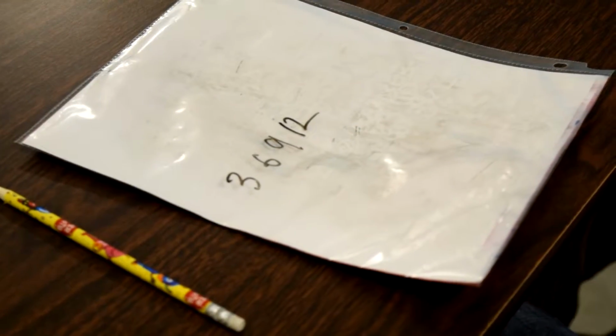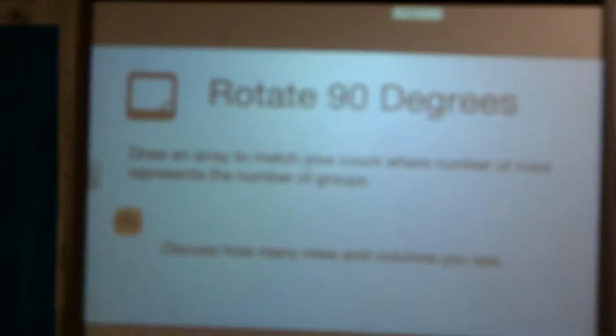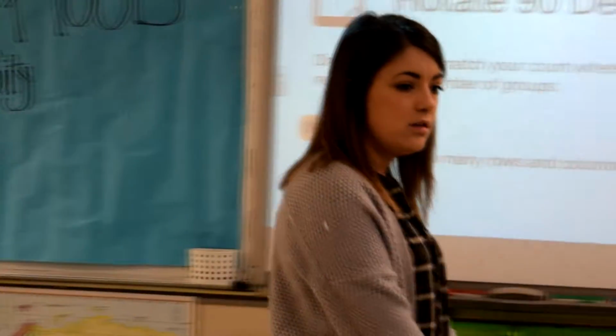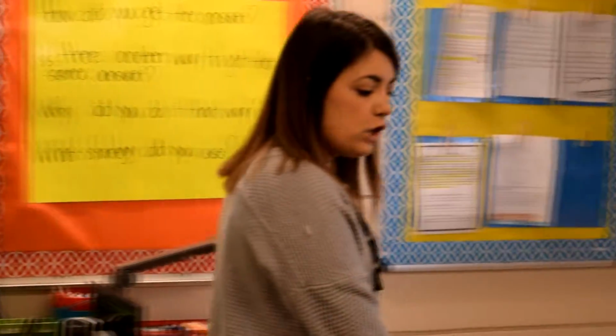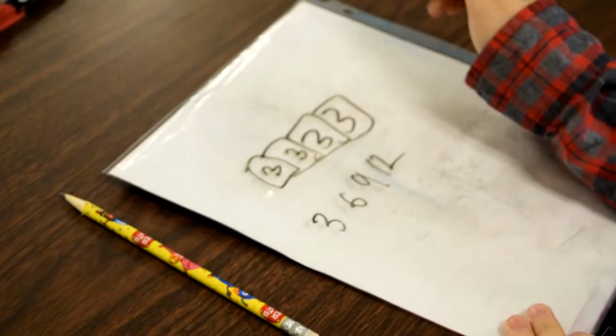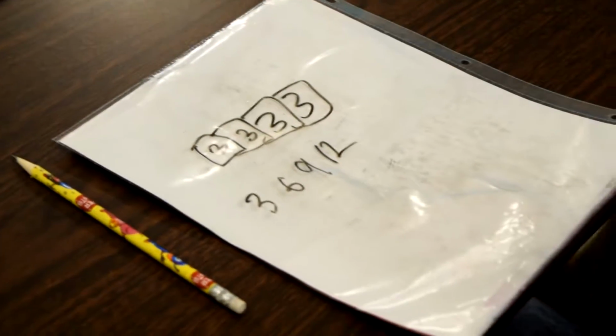Now draw an array to match your count where the number of rows represents the number of groups. So how many groups do we have, guys? 4. So you need to draw an array that matches 4 groups of 3. Very good job, Amelia Ordway.